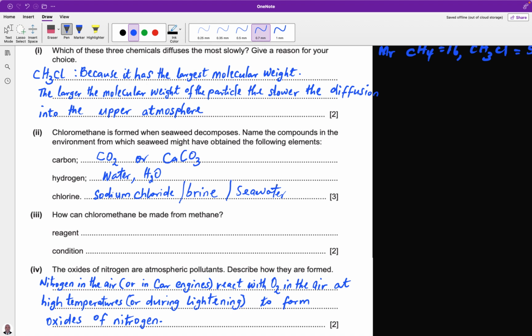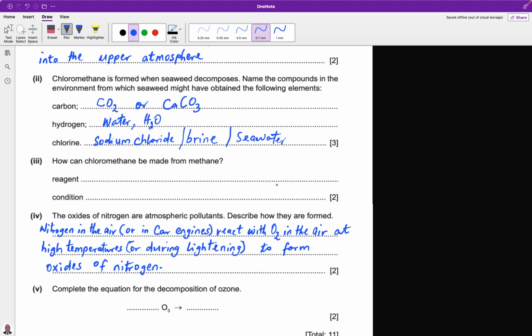Now, the reagents. How can chloromethane be made from methane? The reagent here will be chlorine. Then the condition: they can only react under UV light. When methane reacts with chlorine under ultraviolet light, there is continuous substitution of the hydrogen in the methane.